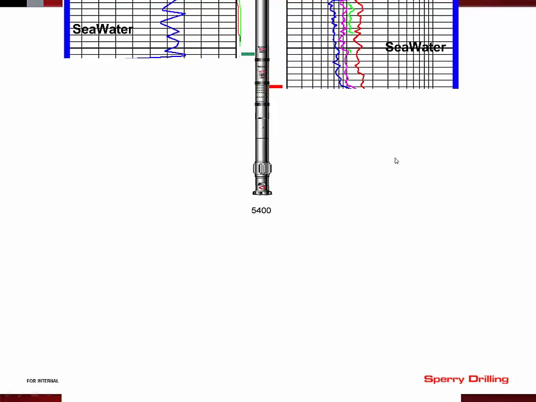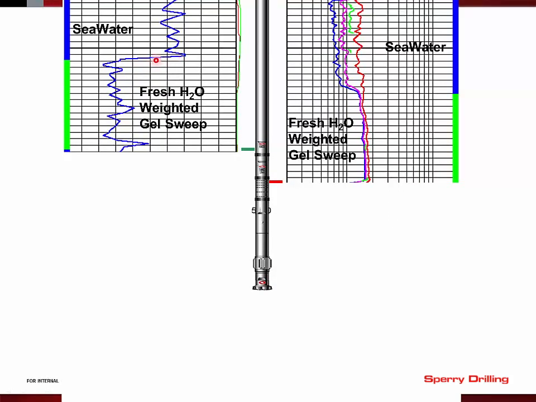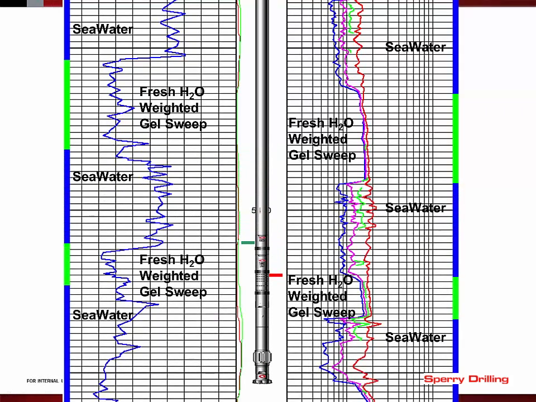At this point, we pump the sweep, and the gamma ray drops because the freshwater sweep has higher density and attenuates the gamma ray measurement, and has a higher resistivity as well, which removes most of the borehole effect from the resistivity measurement. As we keep on going, that alternates, and we see the same thing repeated over and over again as we go down the section. And it's all to do with the spacing between the gamma ray and the resistivity, and the fact that the environment that we're in is not constant.